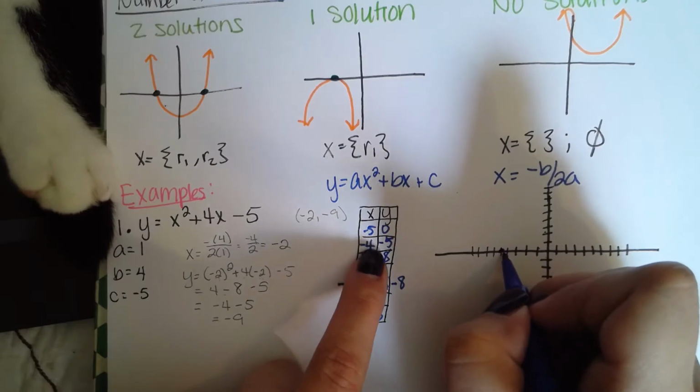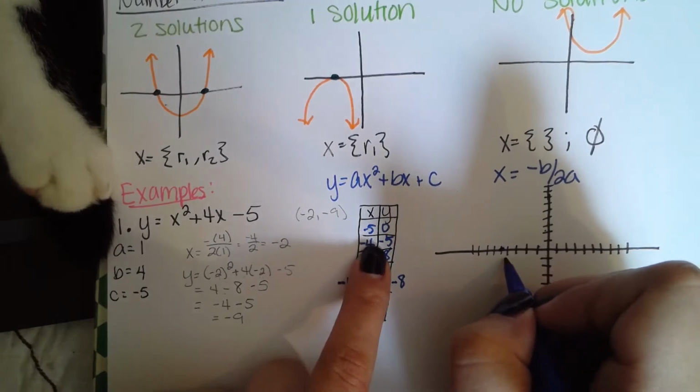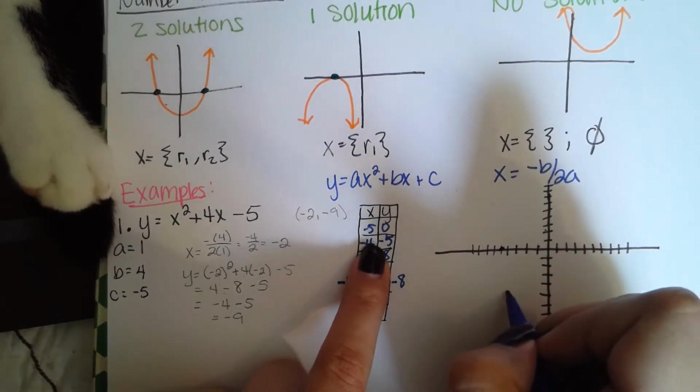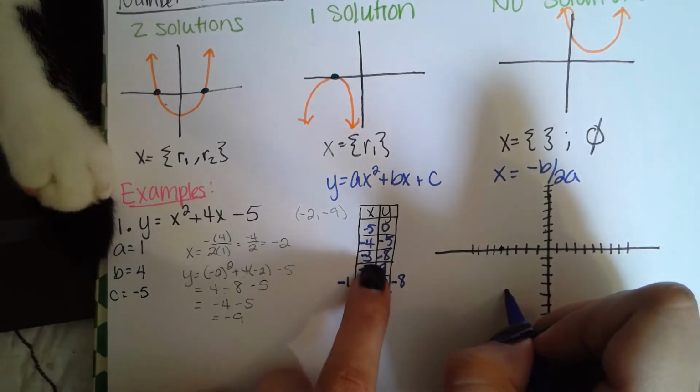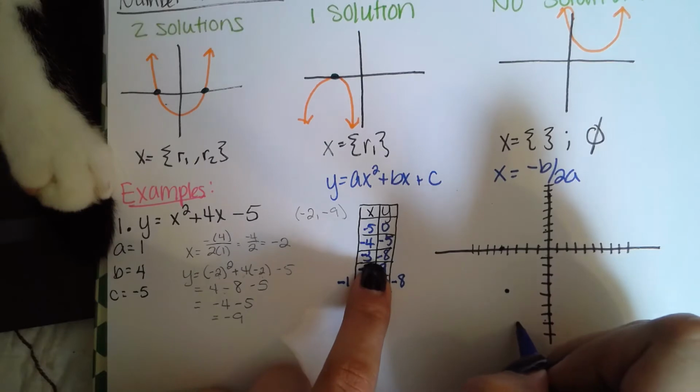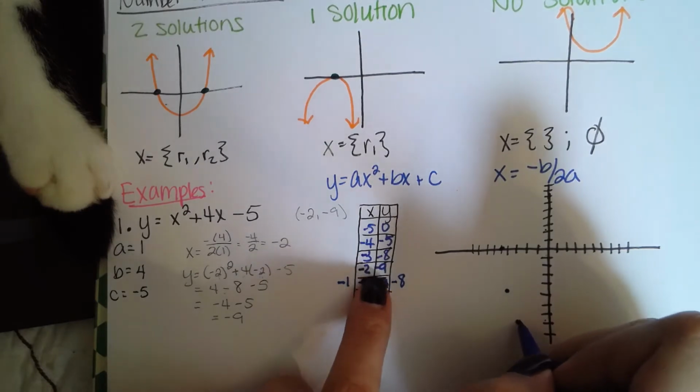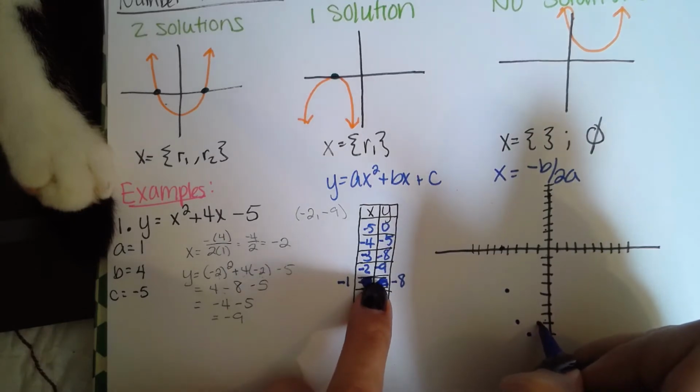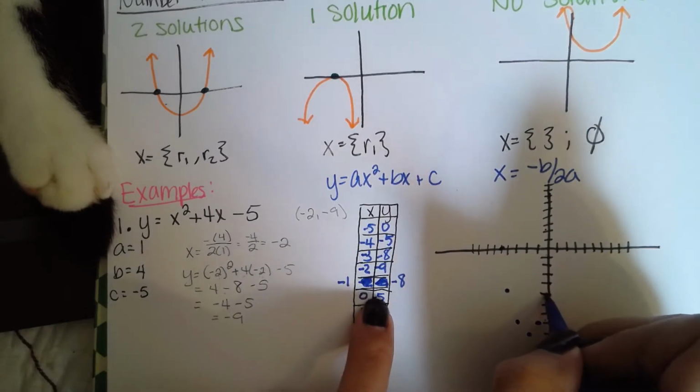Now, if you notice, whether you noticed it when you were plotting or later as you were graphing it, right here at -5, 0 and at 1, 0, those are your 2 quadratic roots.